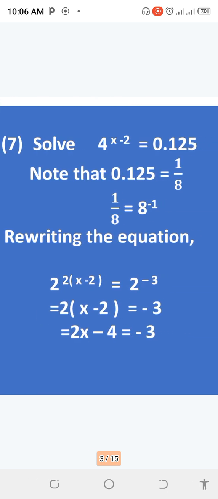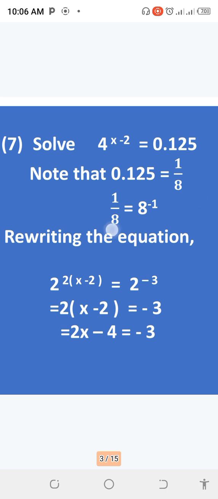Now, this is question 7. Question 7 says solve for 4 exponent x minus 2 is equal to 0.125. Look at 0.125 critically, then you will discover that it is the same thing as 1 over 8.